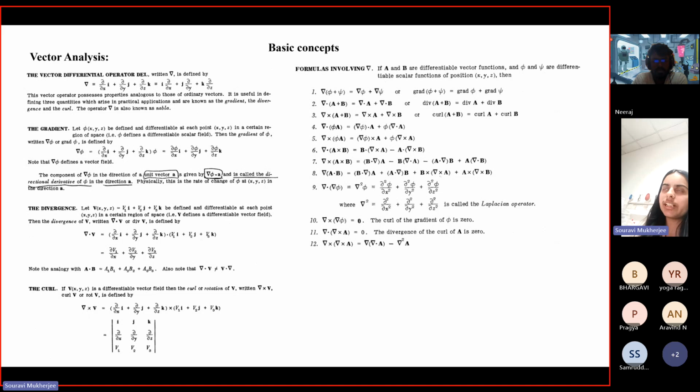And once you take a dot product with some other vector, it gives us the change in that direction. This is how one can characterize a scalar field using the gradient operator.